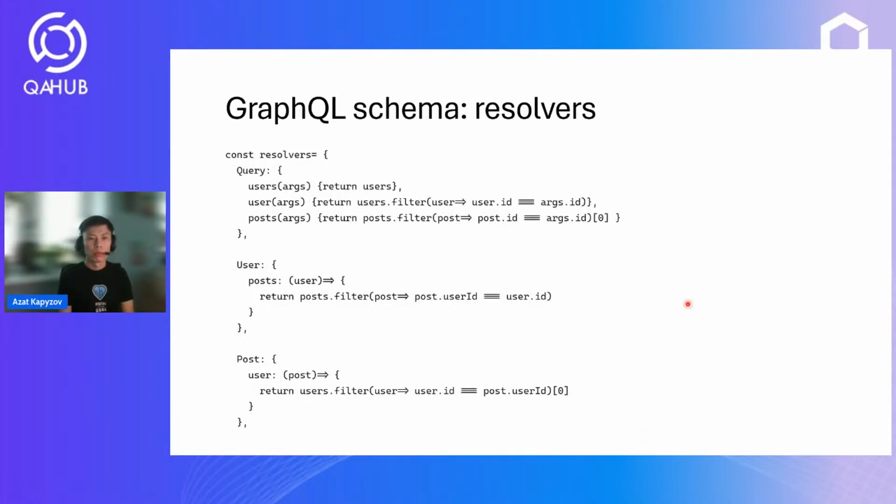You don't need to remember all this code. It's just as an example. So, for example, if we have a query which is called users or user, we get some arguments. Then we use these arguments to fetch some data by ID, etc. So this is the logic for each of our queries for our data types.